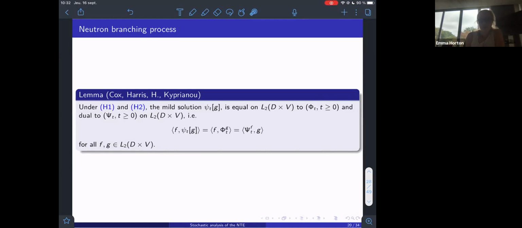If I take L2 functions and look at the inner product between F and my semigroup applied to G, then we can show that it's equal to the adjoint flux, which was the flux that appeared in the backwards equation, and that this is still dual to the forwards equation.